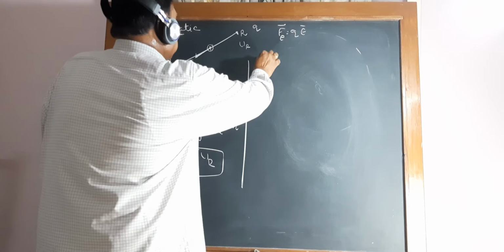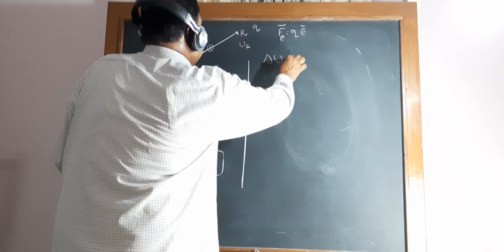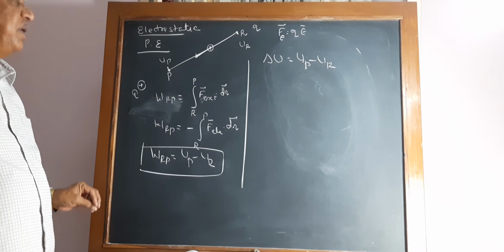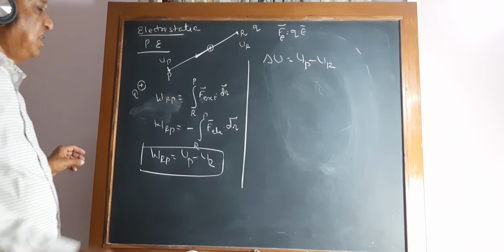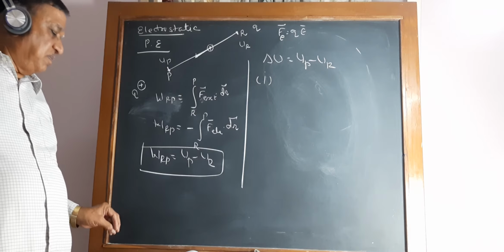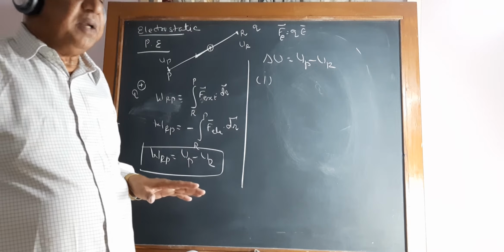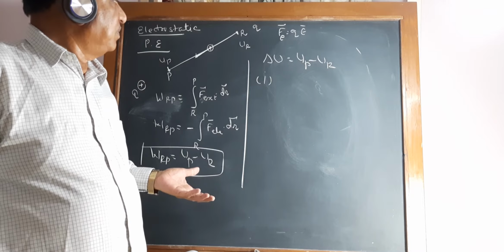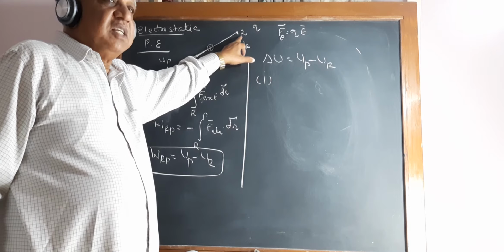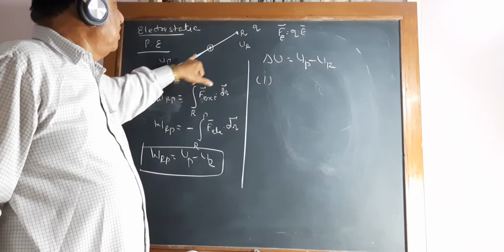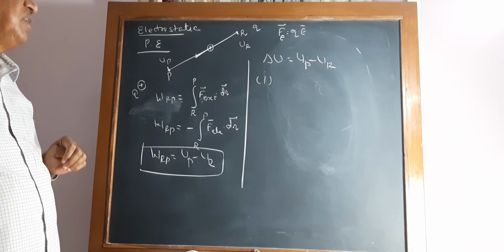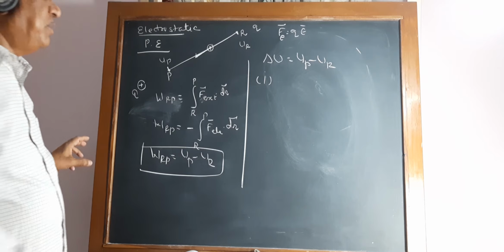So potential energy difference delta U, UP minus UR, depends only on position of the points, initial and final. UP is nothing but potential energy at point P. UR is nothing but potential energy at R. That depends only on position.